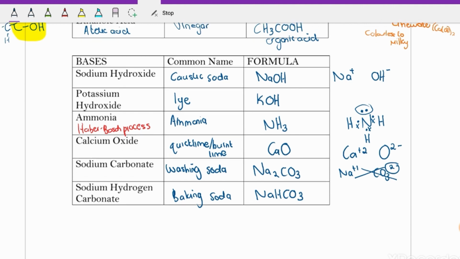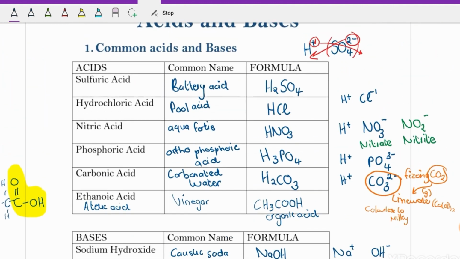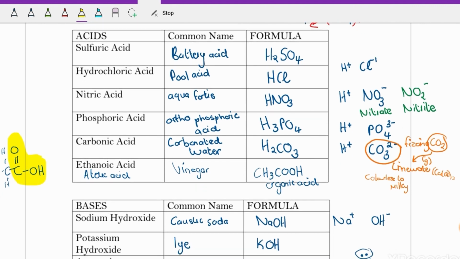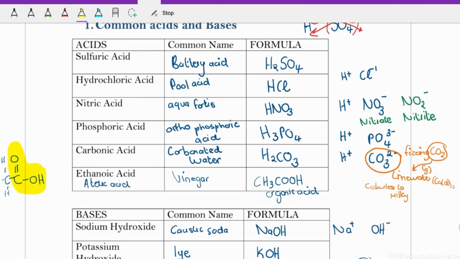Just to quickly take us back to my acids, I just want to mention that between these ones, there's very strong acids and there's weaker acids.